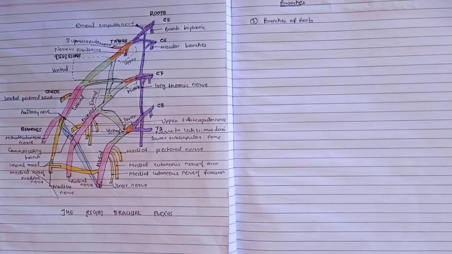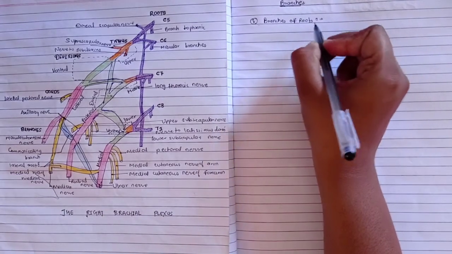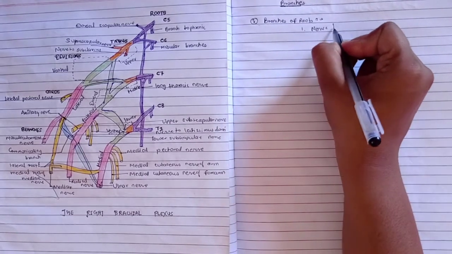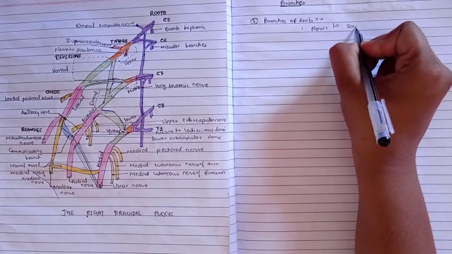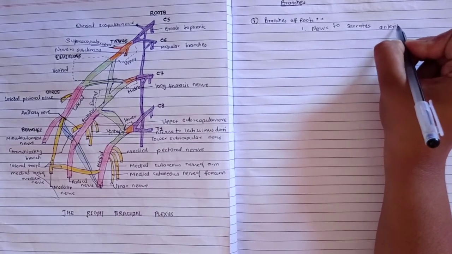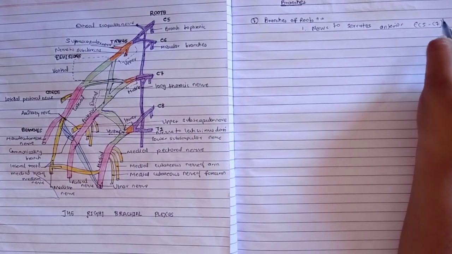Next we will discuss branches. First, branches of the roots. Number 1, nerve to serratus anterior, which has root value C5, C6, C7.